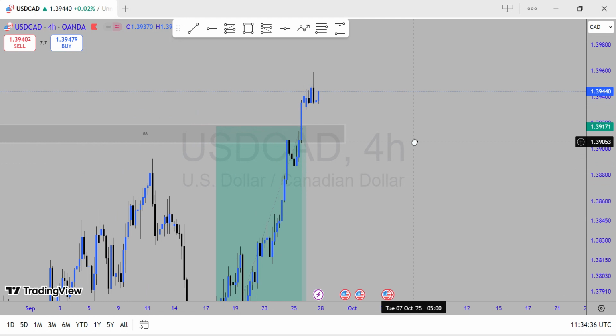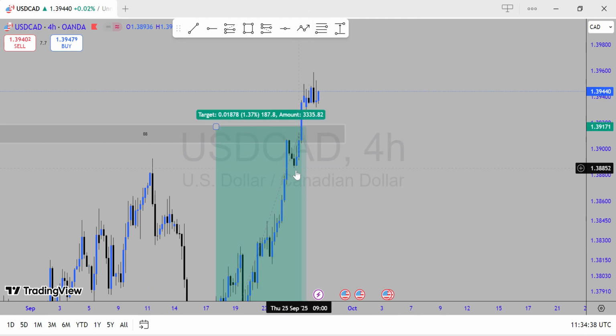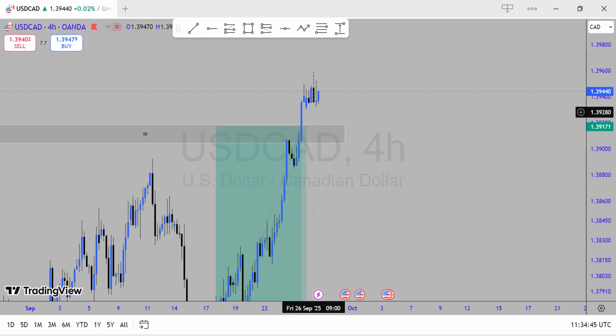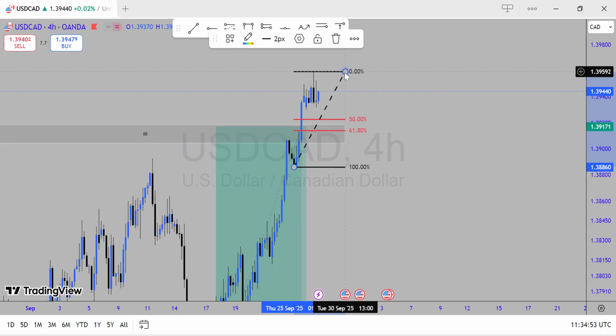So I use the Fibonacci retracement tool. If you use the Fibonacci retracement tool like this to this side, you realize that the area between the 50 and the 61% is very good, and you see the breaker block fits perfectly into that zone.